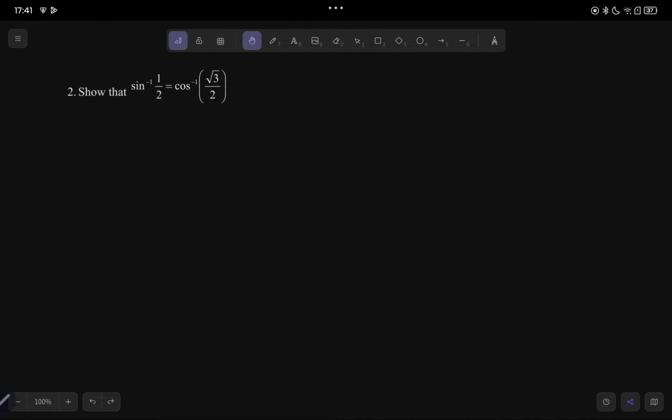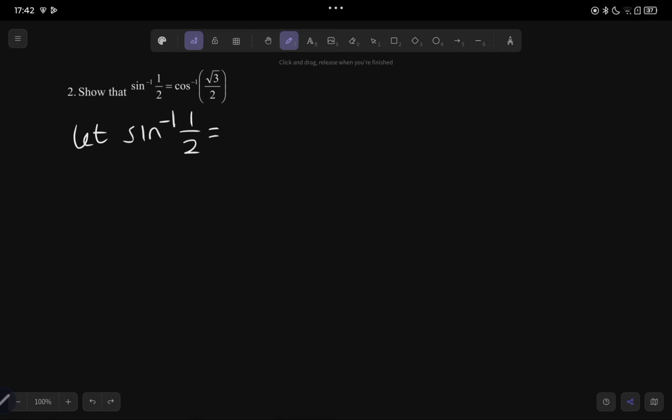Then for number 2, now we have sine inverse of a half is equal to cos inverse of root 3 over 2. As it was done before on the left, we shall let our sine inverse of a half to be, let's say, angle A, such that sine A is a half.